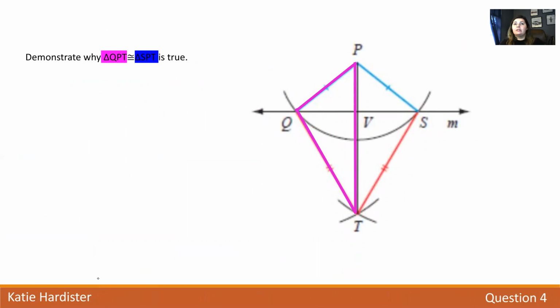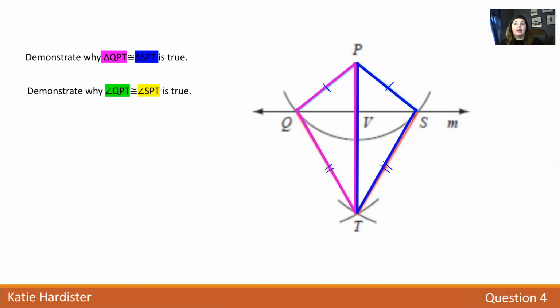And I also wanted to stop and point out that these lines here mean that they're exactly the same. So this is congruent to this, and that is congruent to that. So I see, of course, my pink comes in, and then my blue comes in, and that is why that is true, because they are both equal.